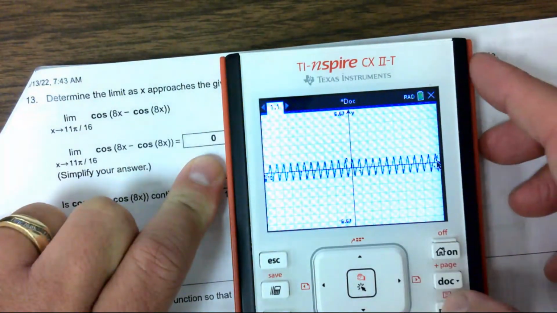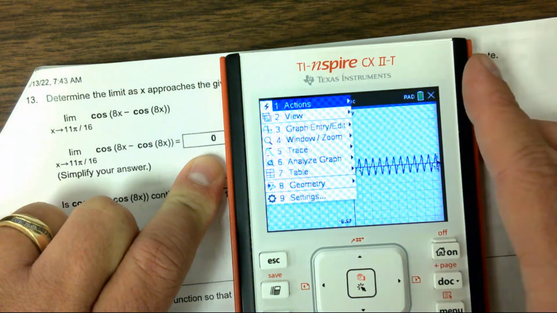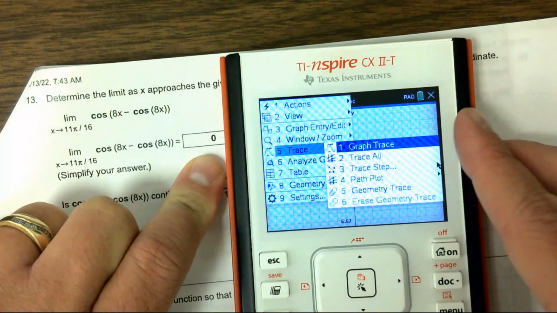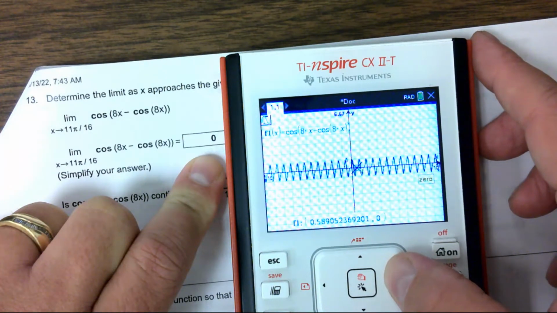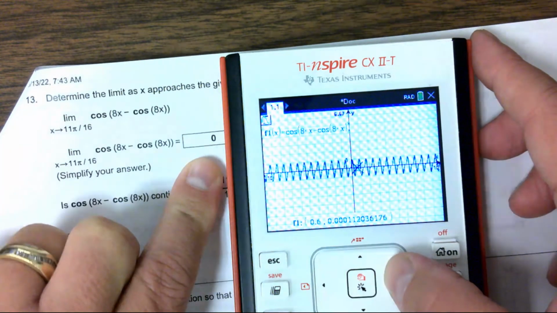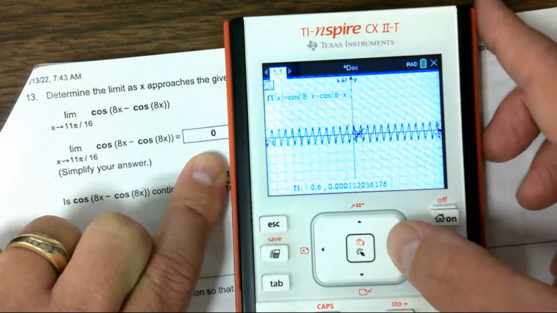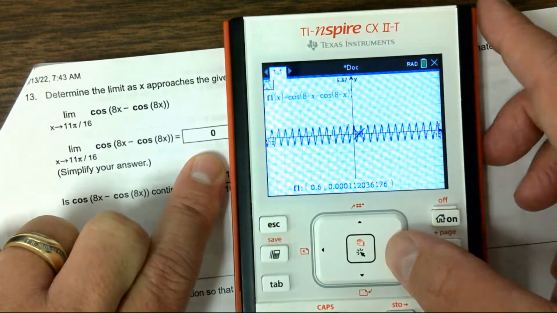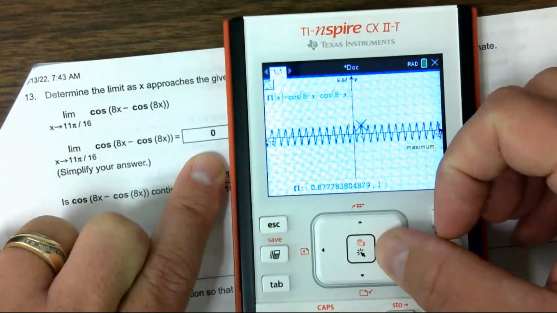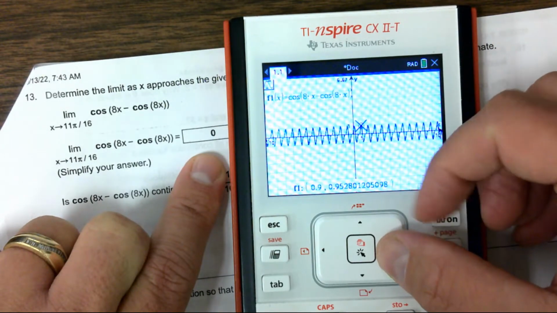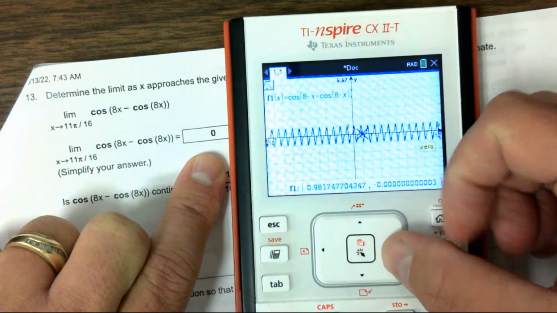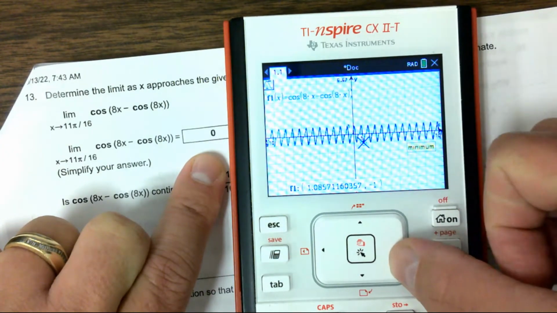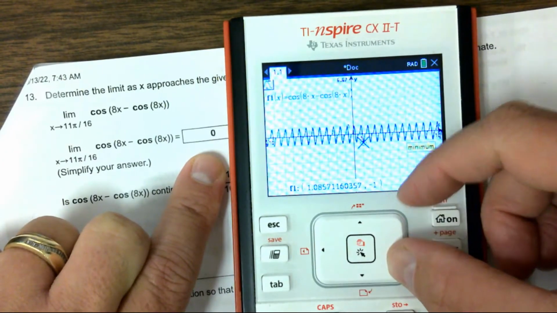Let's trace. Okay, so what I'm looking at is what my y values are, and it's 0, it's 1, that's close to 1, it's 0, it's negative 1.